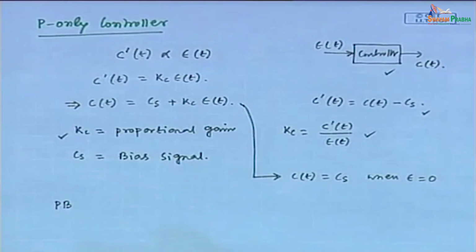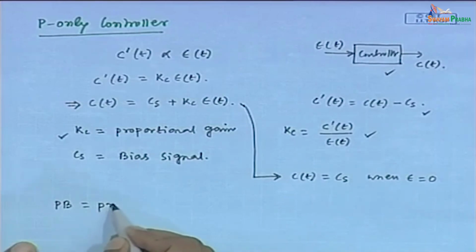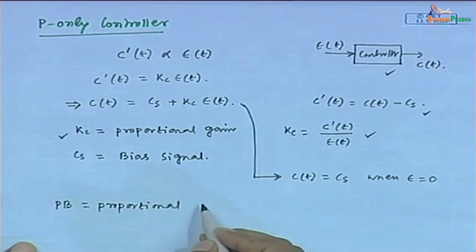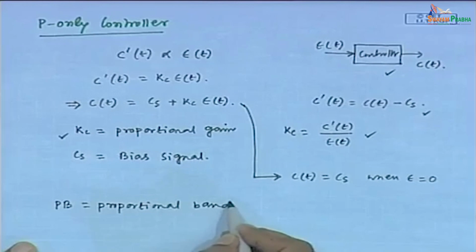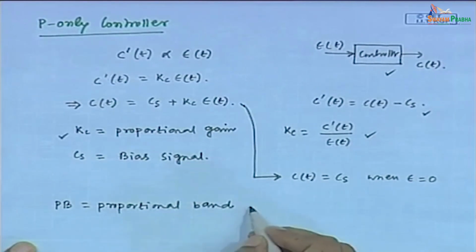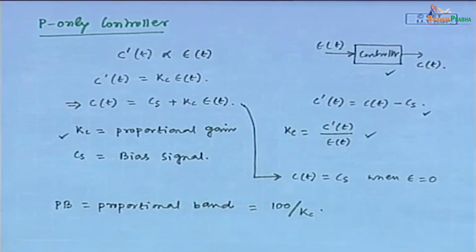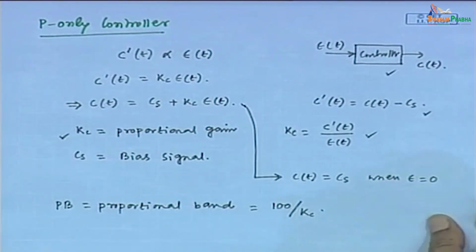One equivalent term of Kc called proportional band is also used in different flow sheet simulators and in industrial practice, which is 100 divided by Kc. Proportional band is 100 divided by Kc.